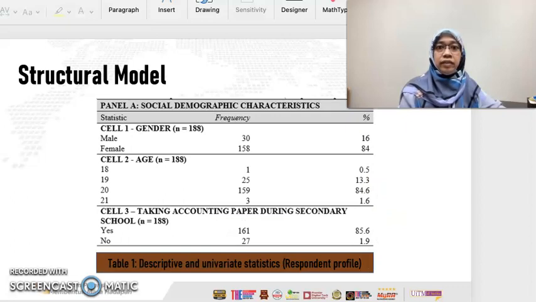Moving on to the findings. The findings indicate that there are altogether 30 male and 158 female students, with ages ranging from 18 to 21, the majority being 20 years old, and the majority of the students already took their accounting paper during secondary school.